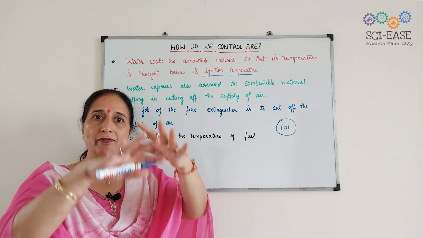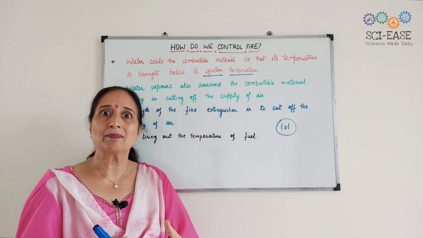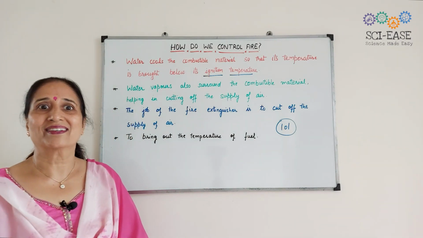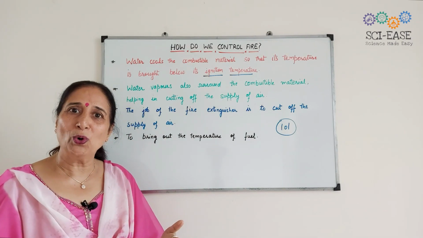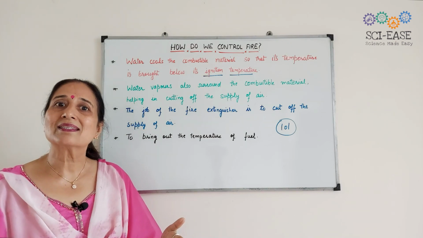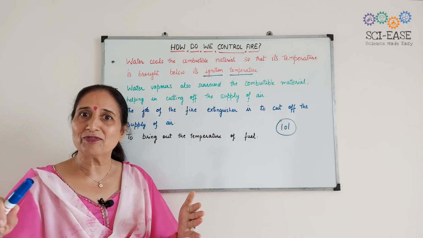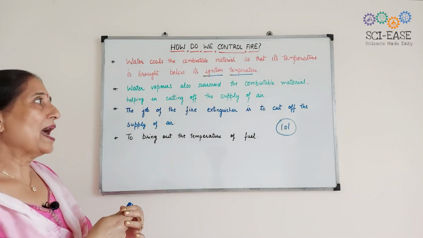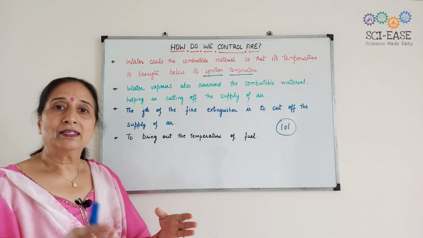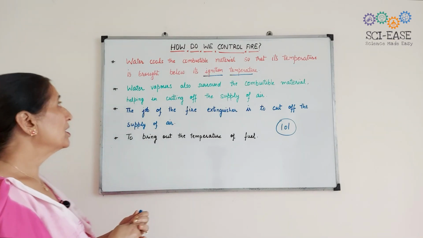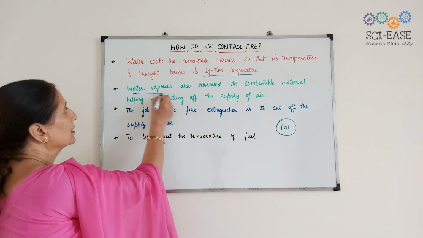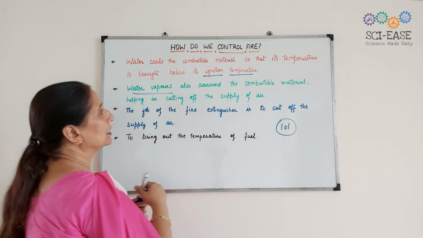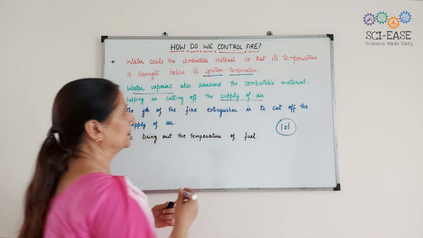Those water vapors surround the combustible substance and cut off the supply of oxygen, because for burning, you know that oxygen is necessary. So the supply of air is cut off by those water vapors, and the fire is extinguished.